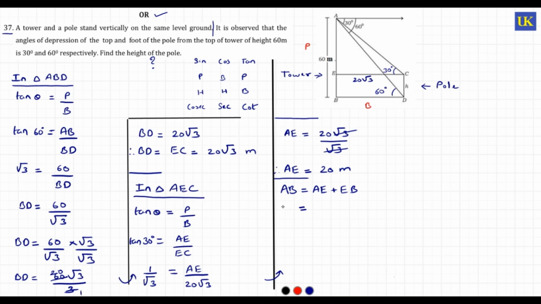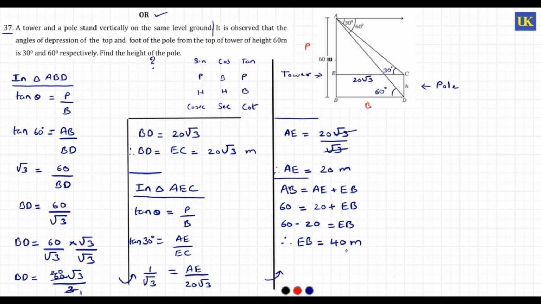AB they have given in the question, it is 60. AE we have just found out, it is 20, plus EB is what we wish to find. So I'll send 20 to the other side. So 60, 20 will become minus, equal to EB. Therefore, EB will be equal to 40.